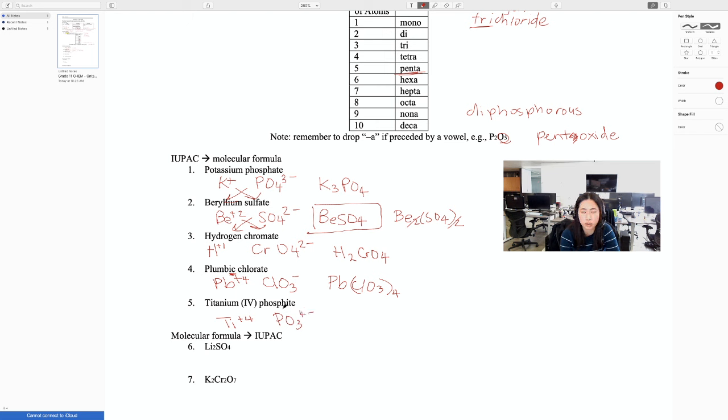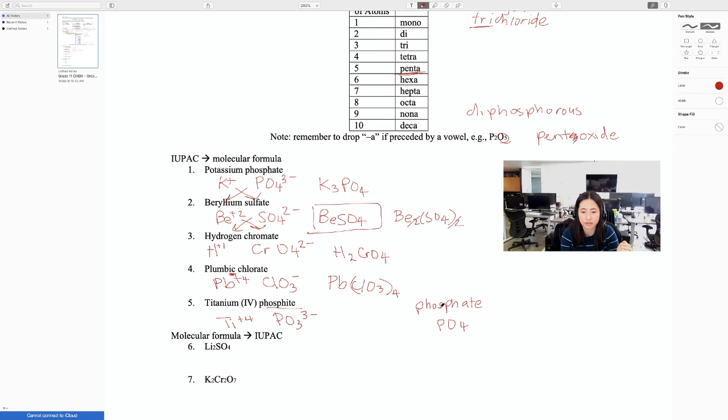So here's a trick to remember your phosphate, phosphite, and things that are ending in ATE for your polyatomic ions. If you look at phosphate, we know that this is PO4. Sorry, I just realized phosphate should be 3-. Sorry, phosphide should be 3-. There we go. So phosphate is 3-, right? So the charge stays the same.